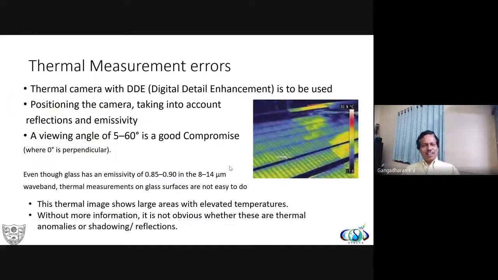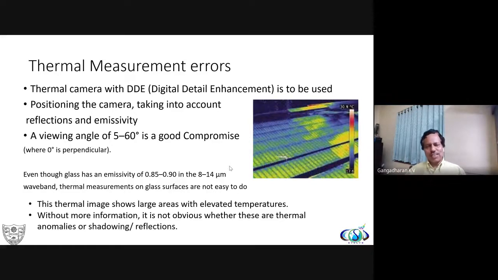Then, quite often we come across errors in thermal imaging. One thing is, if you remember, we had a very shining aluminum piece. Whatever light gets reflected on that also comes as an image. There is a zero setting which is normally done, but we saw that this was troubling a lot.